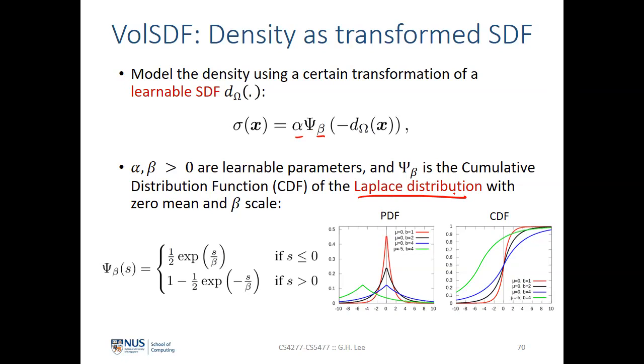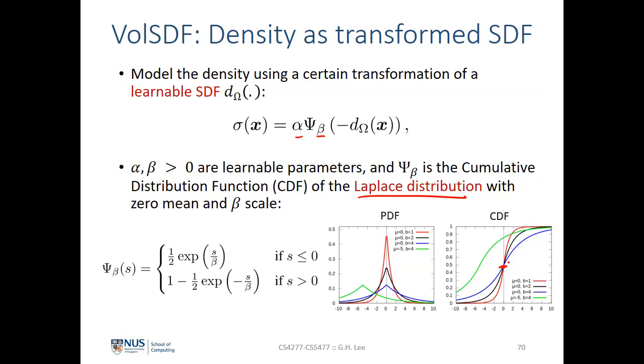Let's see intuitively why this is true. When any point is far away from the object, this distance is large, and because there's a minus, the inner term here is negative.